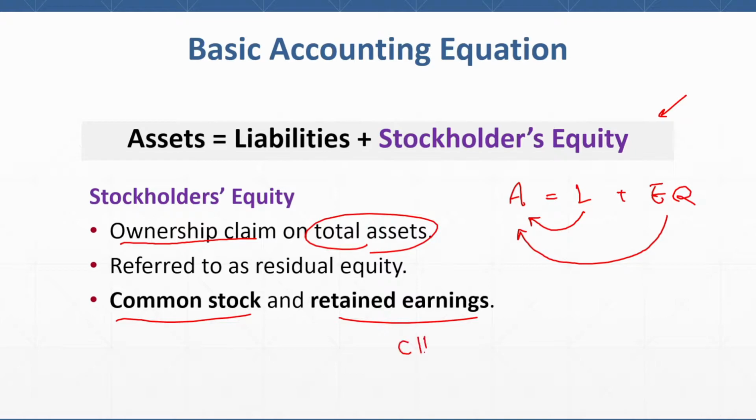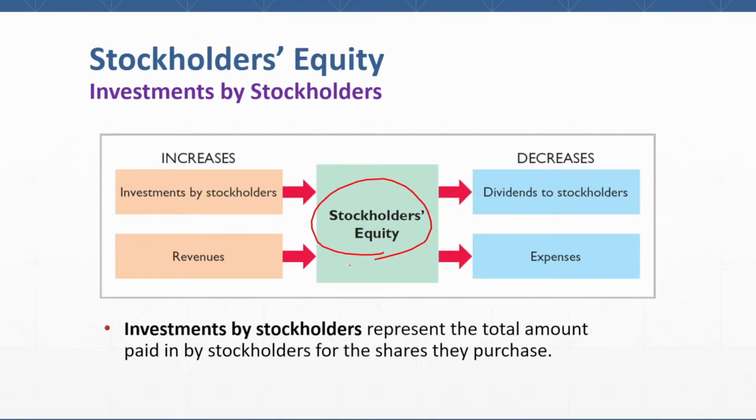In chapter 11, we go over the equity section. My friends, it is important to note that equity is just a number. Your investors put money into your business. That money goes to your bank account.